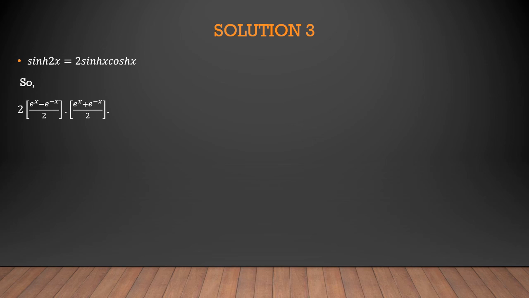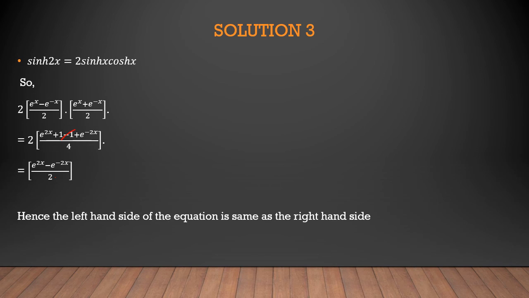I write the general form of sin, that's e to the x minus e to the negative x on 2, multiplying with e to the x plus e to the negative x on 2. Now I do the multiplication proper, and I'm having e to the 2x plus 1 minus 1 plus e to the negative 2x. You see very well these ones are going to go away because they give a 0. So I'm going to be left with e to the 2x minus e to the negative 2x on 2. That is the right hand side.